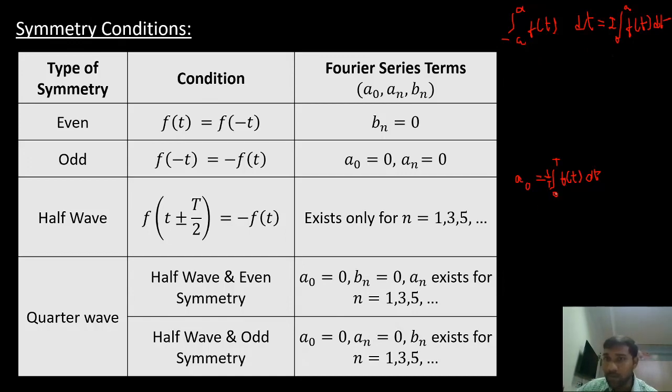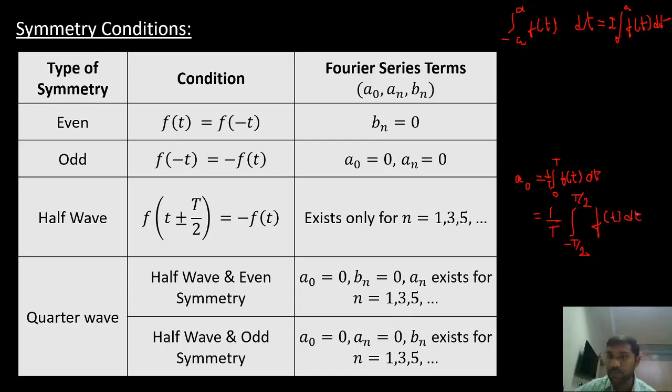So here my time period is T, right? So I can write it as 1 by T, the integral from minus T by 2 to plus T by 2 of f of t dt.